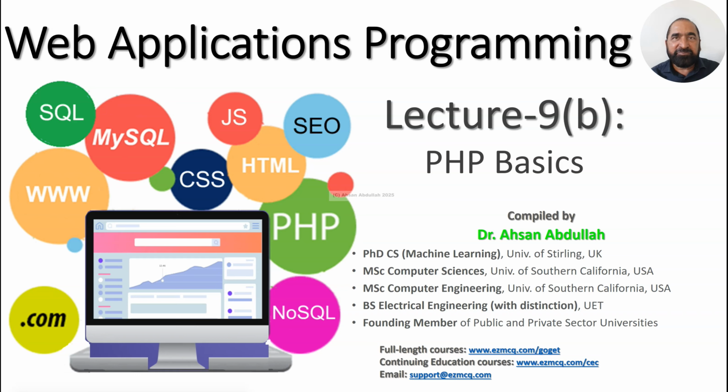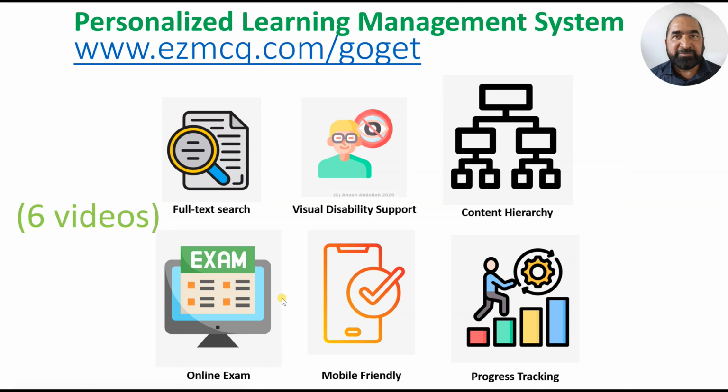Like all the videos in this course, they have been developed and the content has been used in a learning management system, and it has some wonderful features which help you get the most out of it. It provides full text search, basic and advanced, and you can search for the topics or the material of your interest.